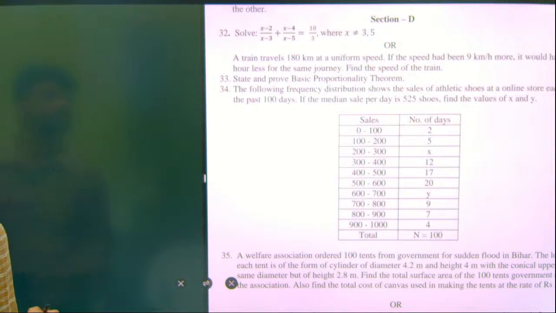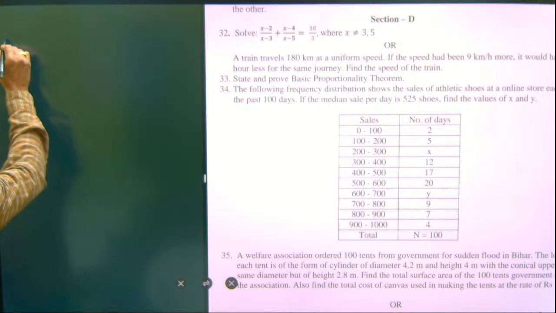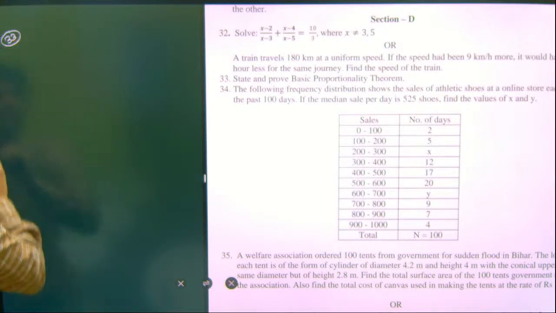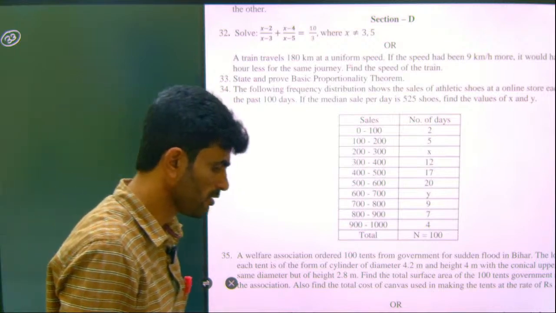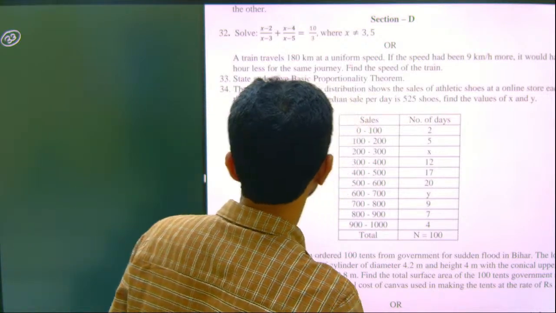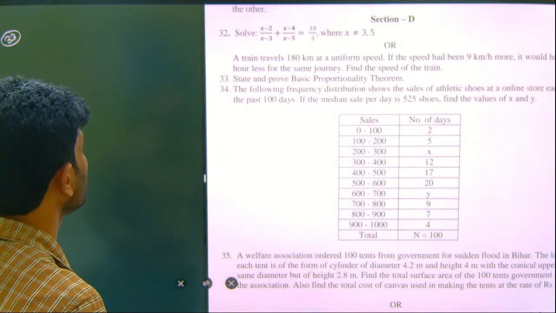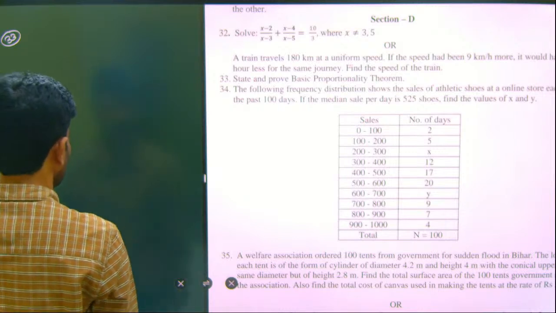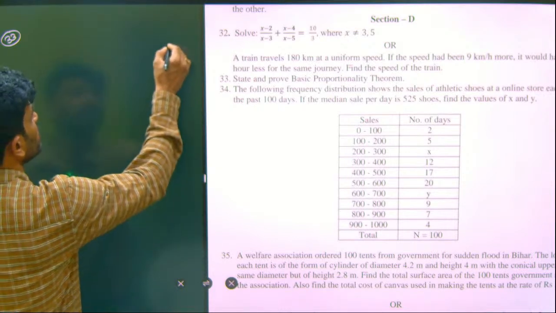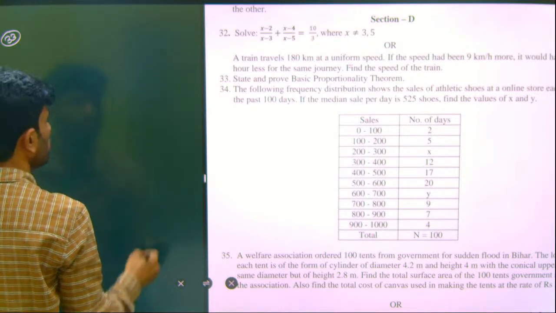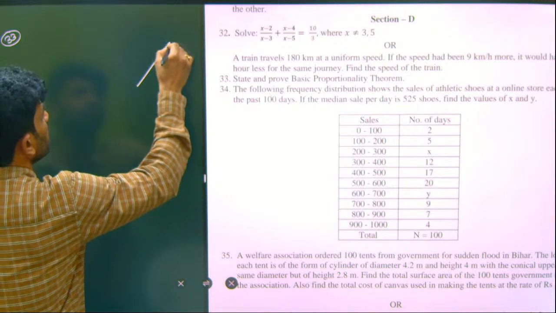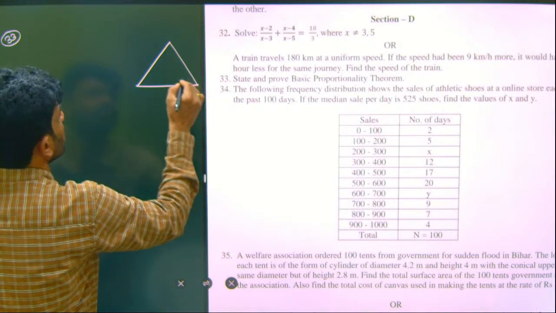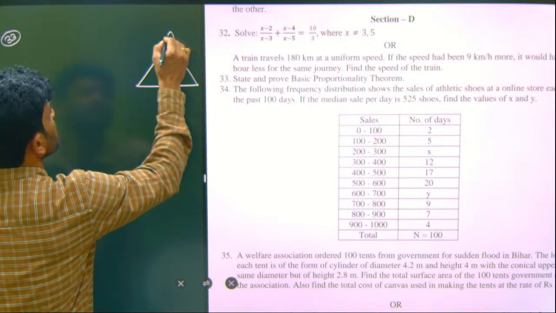Next, question number 33, basic proportionality theorem. I told you many times to prepare the basic proportionality theorem, and in circles also, whatever theorems you have, try to learn all the proofs. So here you need to know the diagram. Then you have to write the statement.